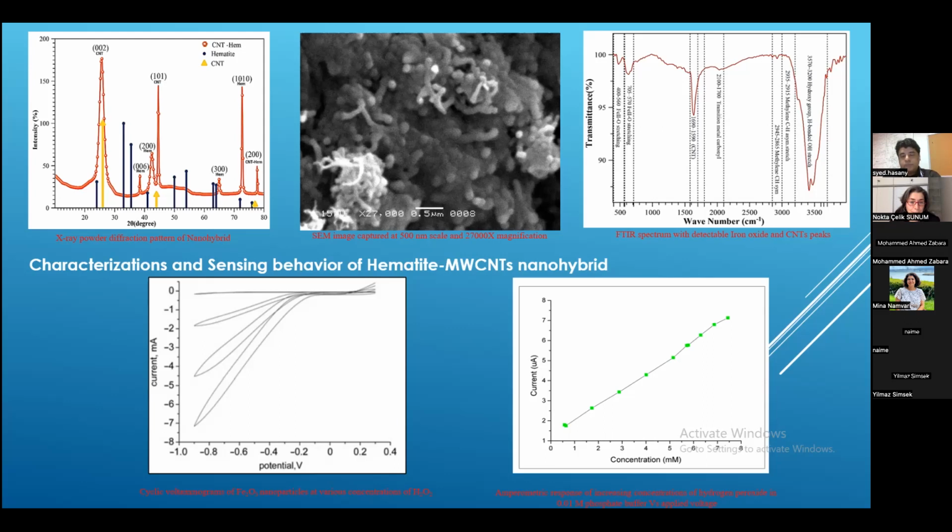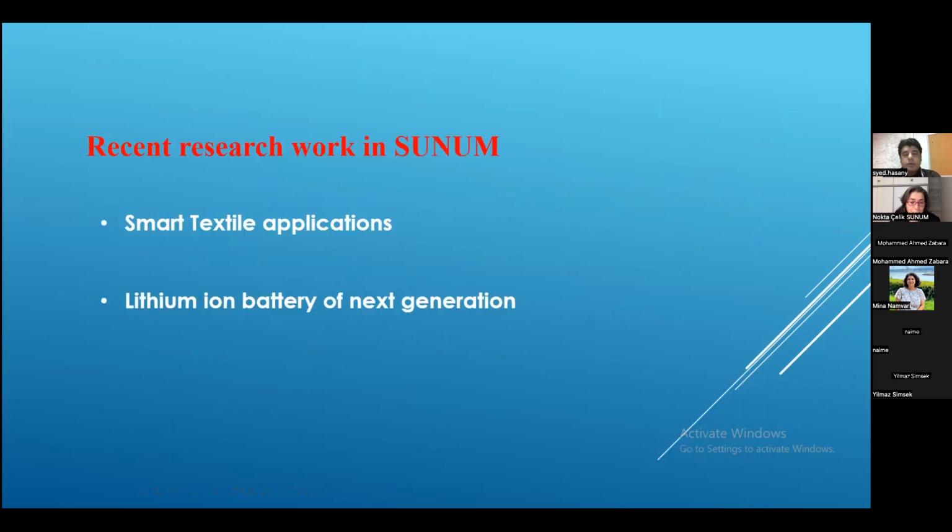I saw the last slide on next generation lithium ion batteries. Have you ever done research on the recycling of lithium ion? If we continue to work on the recycling part, could we reach you?